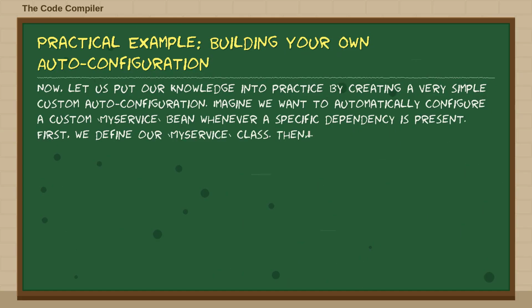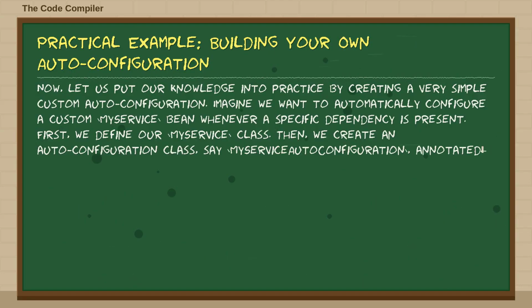Then, we create an auto configuration class, say MyServiceAutoConfiguration, annotated with @Configuration and our conditional annotations, for example, @ConditionalOnClass, myservice.class. Inside this class, we define a method that returns an instance of MyService as a Spring bean.